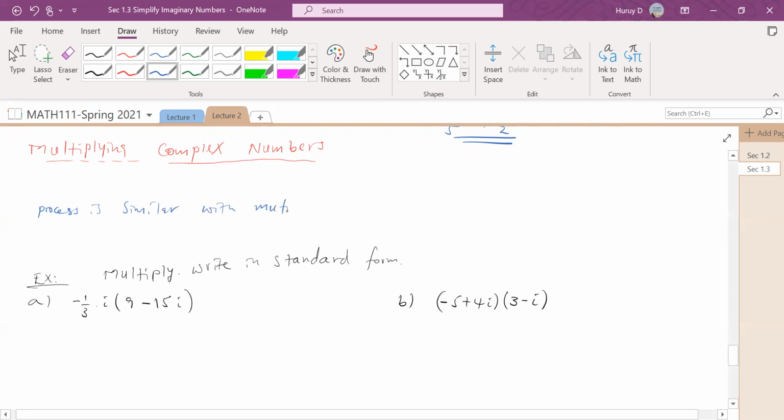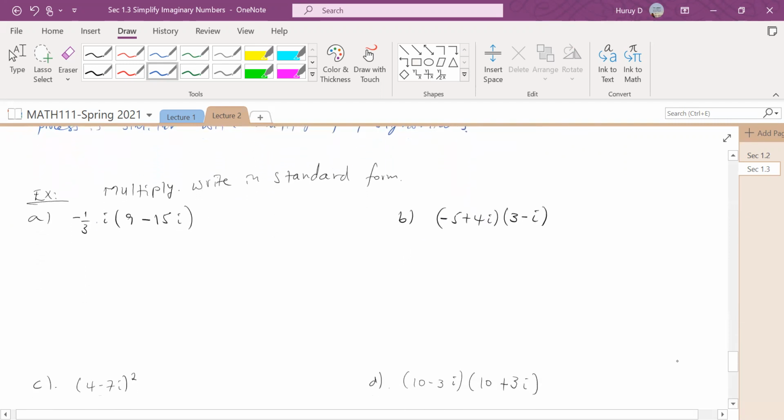So here we have two complex numbers. We have -1/3i times this number. So what we do is we just distribute this one. This one times 9, this one times this one. Now we don't care whether we are multiplying a real number by imaginary, or imaginary by imaginary. We just distribute it as long as we have the parentheses.